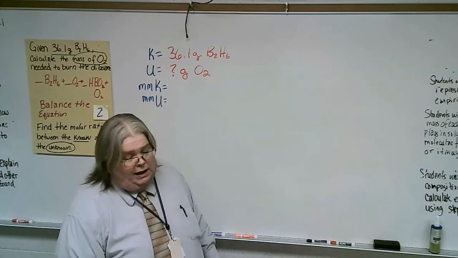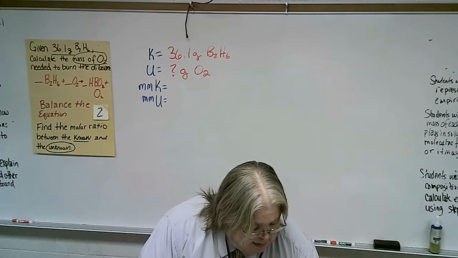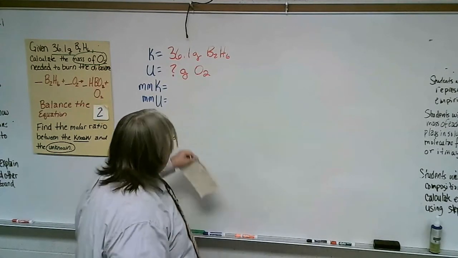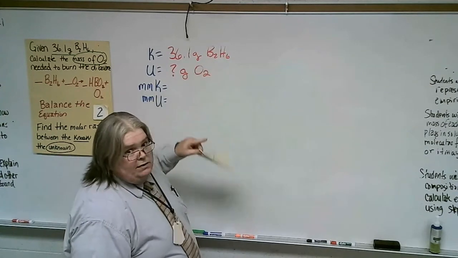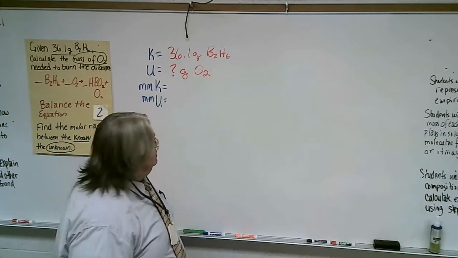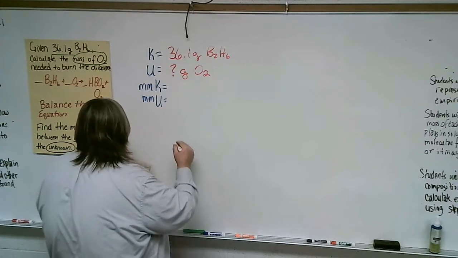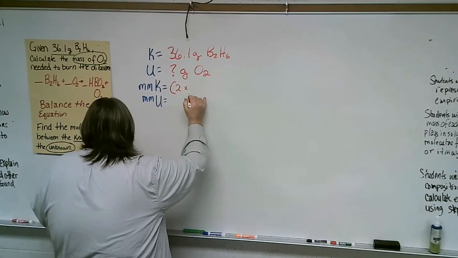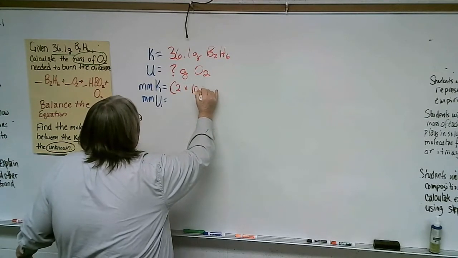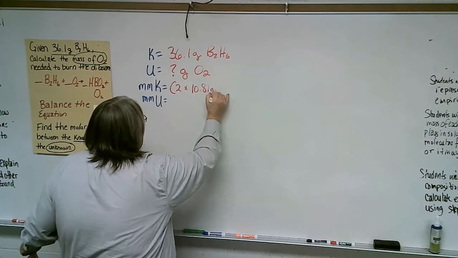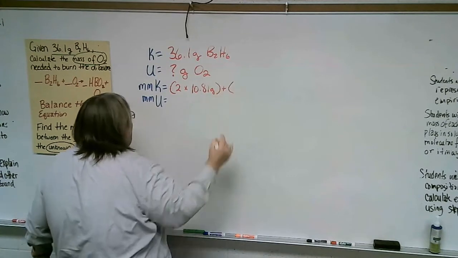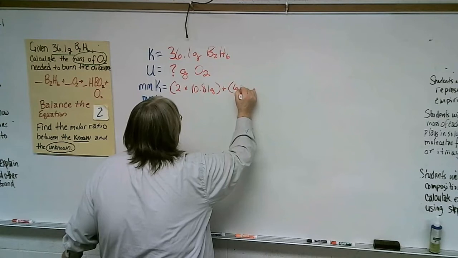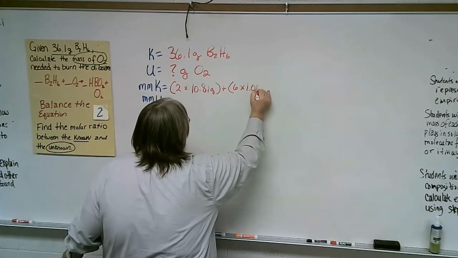So we go to our handy dandy periodic table, and we know that there's going to be 2 borons, 6 hydrogens. We know that boron is 10.81, and hydrogen is 1.01.